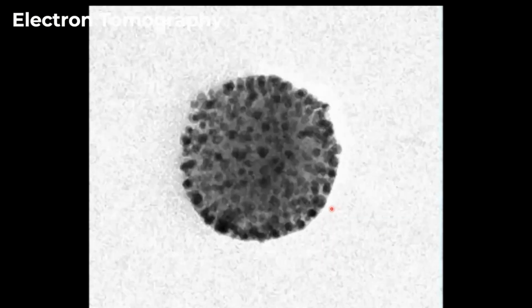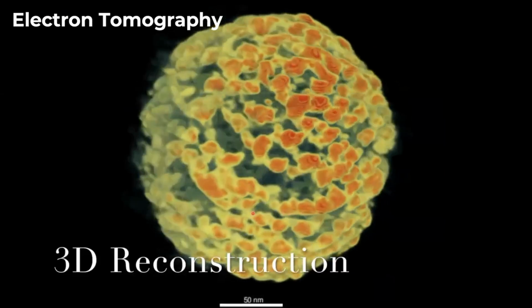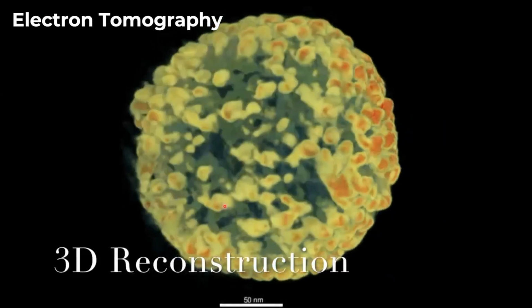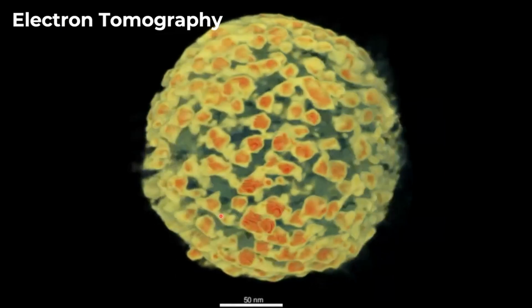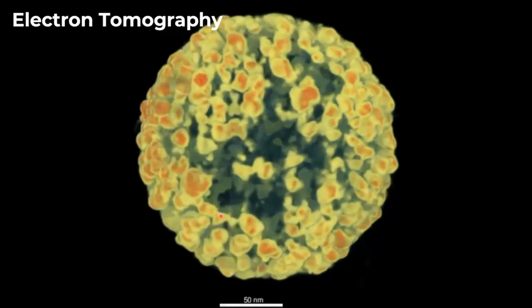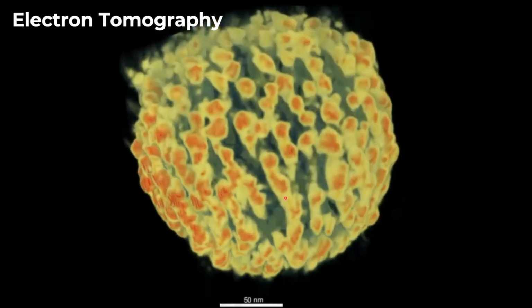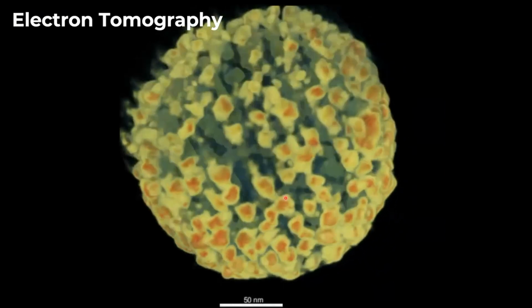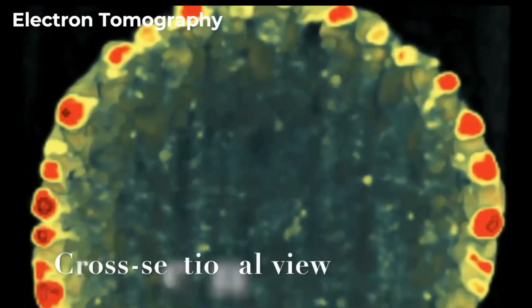Once you have that, then you use computational reconstruction, and then you can color it artificially. Here, red means high contrast, which means maybe heavy elements such as gold. Then we go to yellow, green, blue, white, and then you can virtually take a cross section of this. Once you take this cross section, you can see the internal structure.